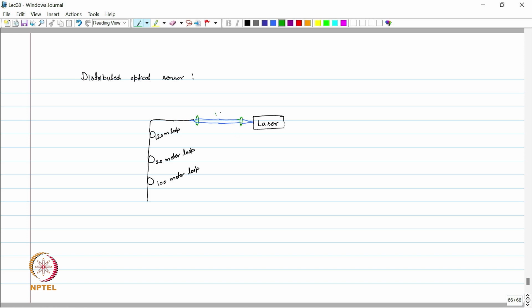We are using some sort of a beam splitter here, let's say put at 45 degrees.